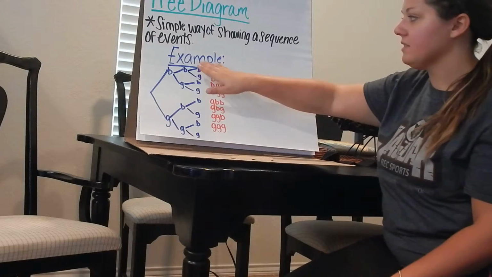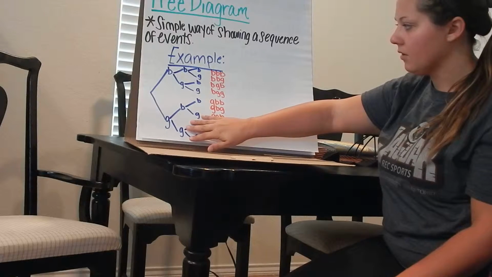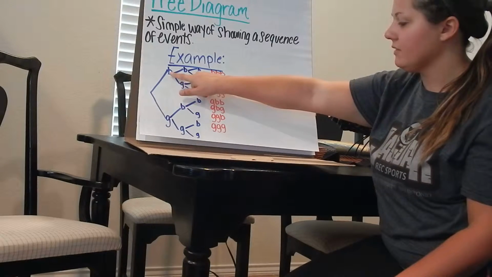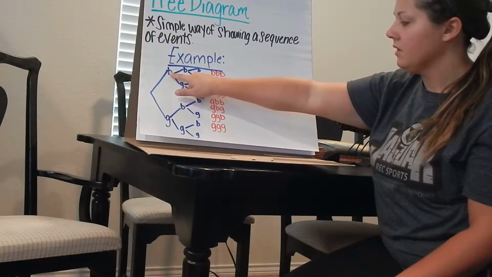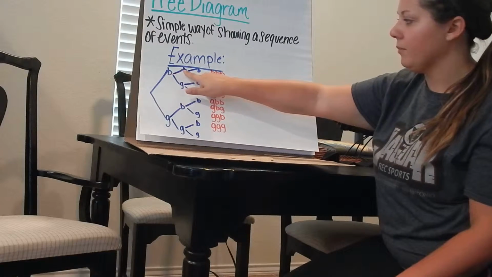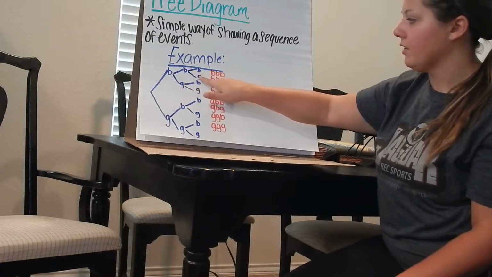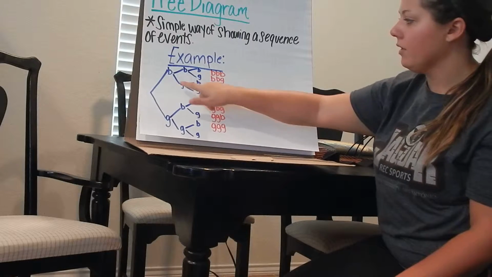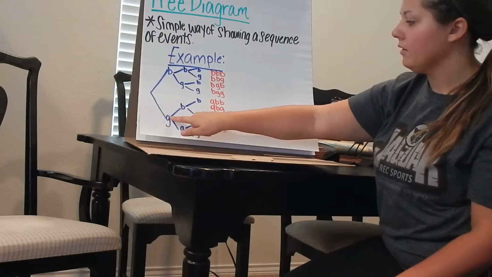So I'm going to give you this example, okay? This is a tree diagram, and see how it gives you a sequence of events? And here's boy, girl. And from having one boy, you have boy, boy, boy; boy, boy, girl; boy, girl, boy; boy, girl, girl; and so on.